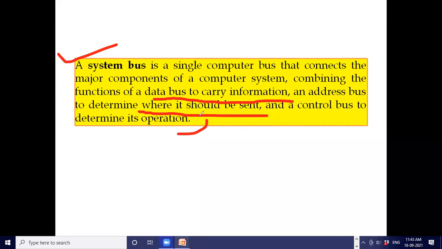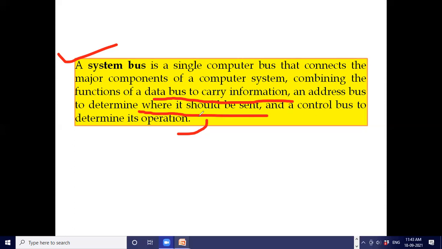Now this system bus tries to integrate all of them, means it tries to combine the function of a data bus to carry information. मतलब data bus से information को carry किया, कहाँ ले जाना है वो information, that is with the help of an address bus. And what to do, मतलब क्या करना है, आपने देखा था कि memory read operation था, memory write operation था, input output read, input output write, ready.